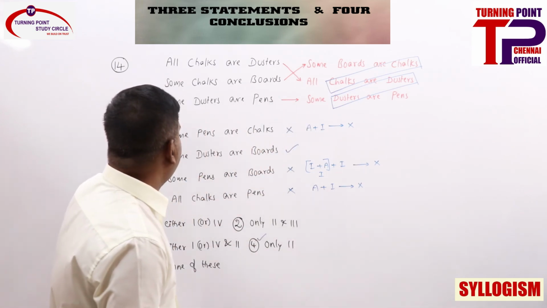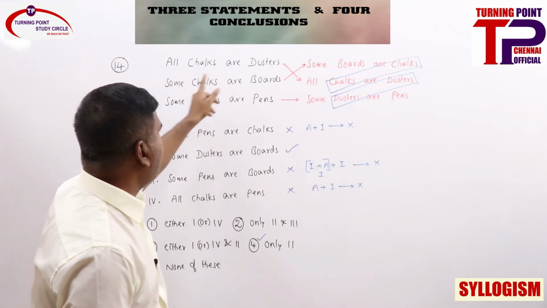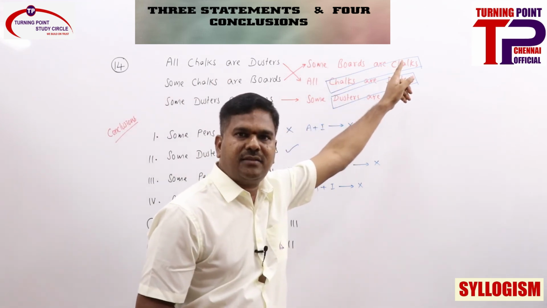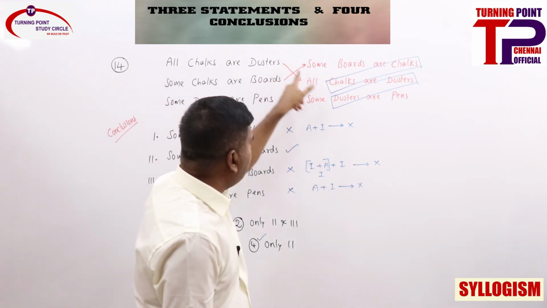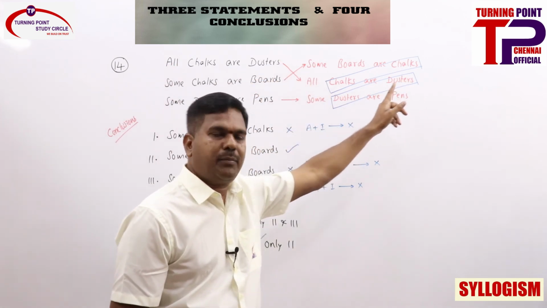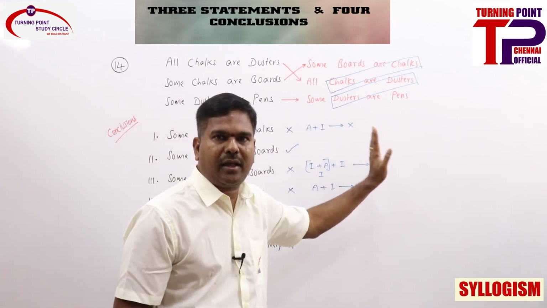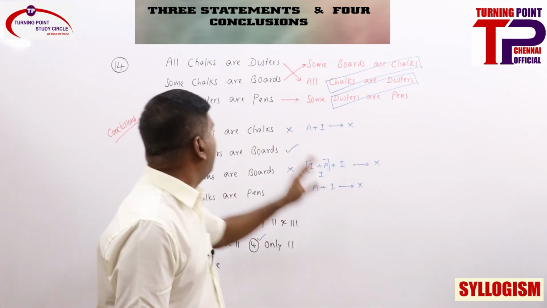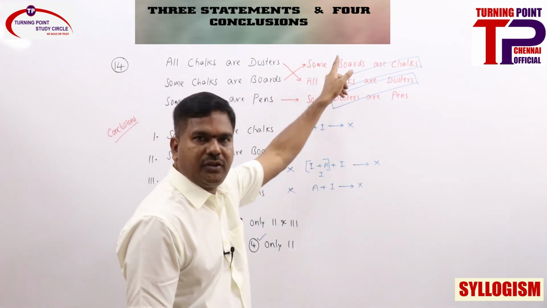Clear? Now see that one. Second one, some chalks are boards, converted into some boards are chalks, mentioned as the first statement. And the first statement, whatever A statement is there, that one is mentioned as the second statement. Third one, no change, directly we have mentioned. Clear? Second statement converted, I can be converted into I, mentioned as the first one.